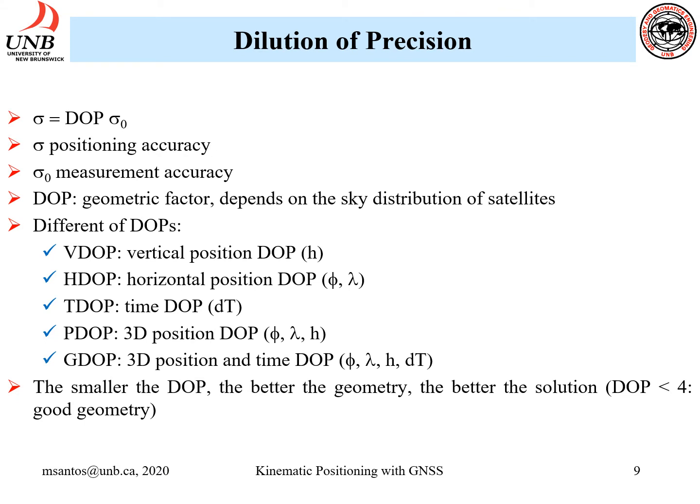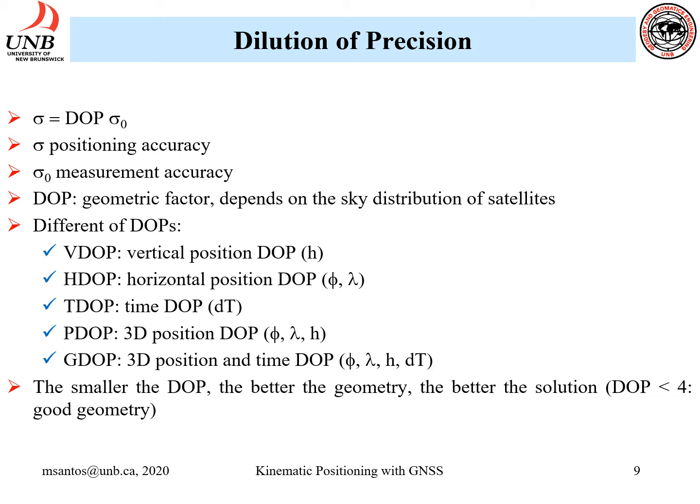Dilution of precision is a factor that indicates if the geometry of the satellites in the sky is affecting negatively the measurement accuracy. Let us consider sigma as the positioning accuracy, sigma sub-zero the measurement accuracy, and DOP the dilution of precision.